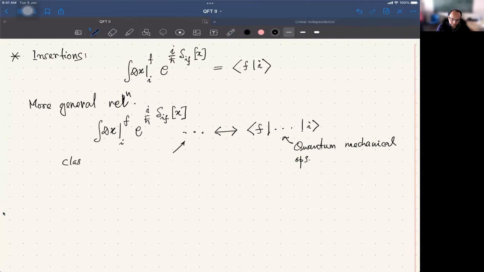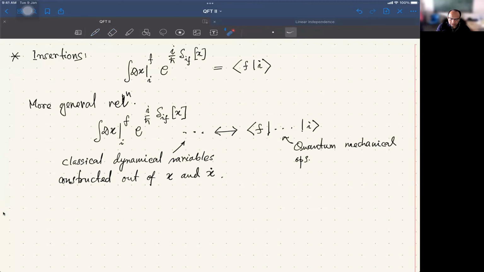So these are classical dynamical variables constructed out of x and x dot. What I actually mean is these are classical functions.